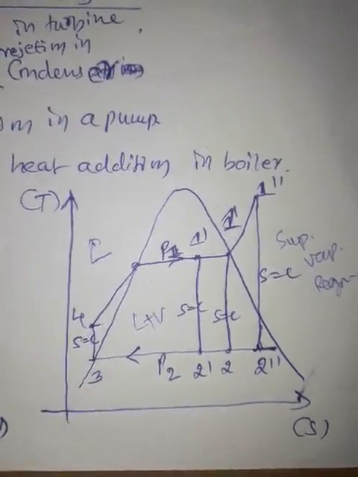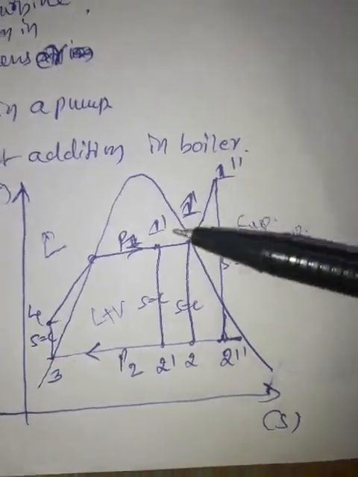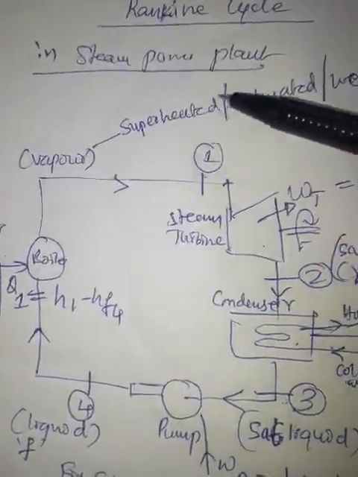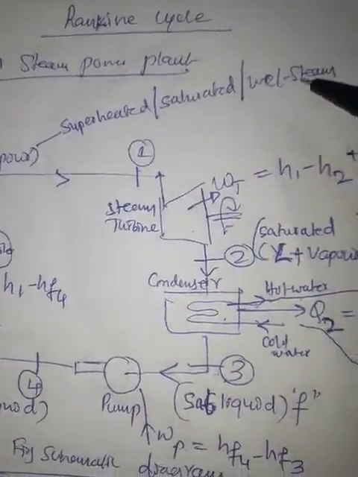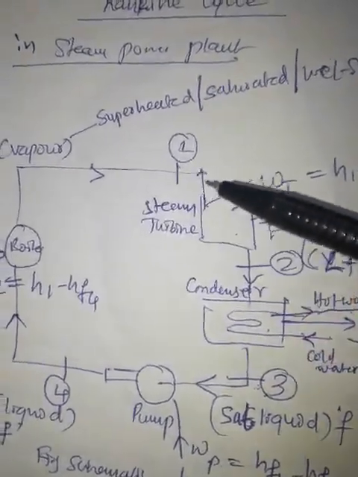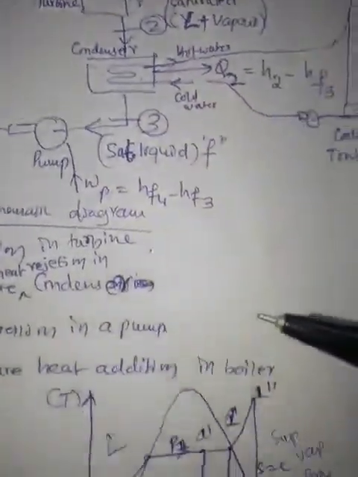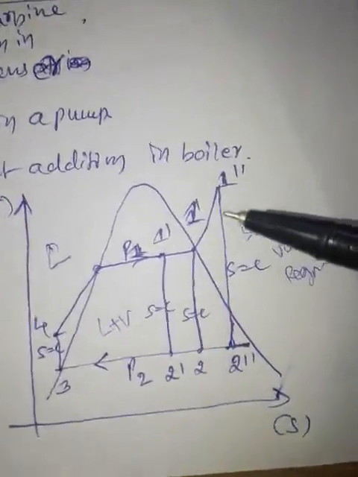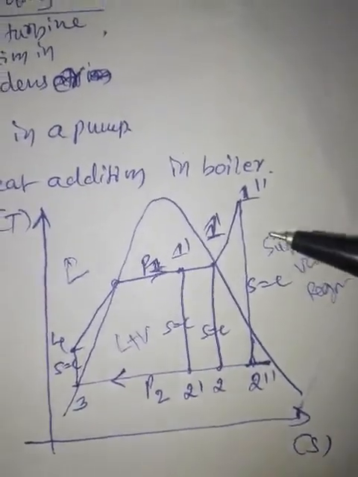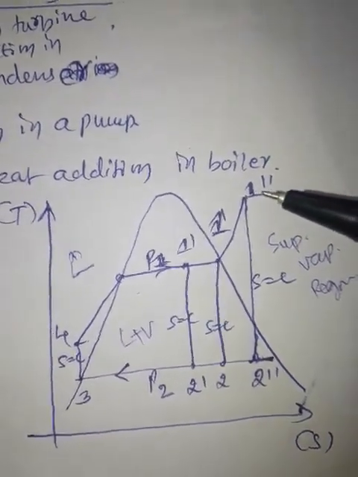So let us begin with the process 1 to 2. As we have discussed in the schematic diagram, the steam may be superheated, saturated, or wet steam. So it may have any condition at the boiler outlet or turbine inlet. State 1, let us mark it on the TS diagram on the vapor dome. Let us assume that the steam is in superheated condition.